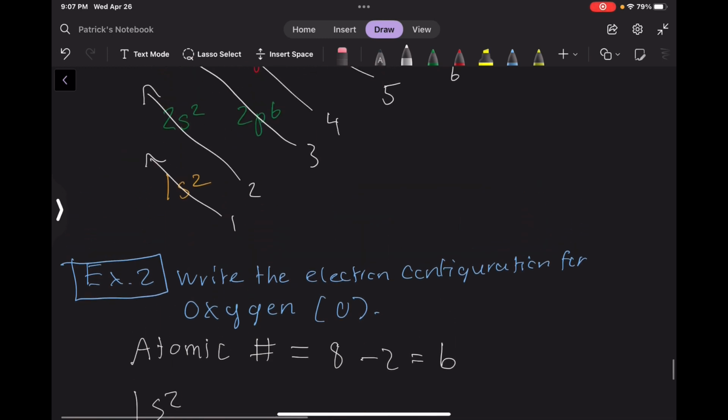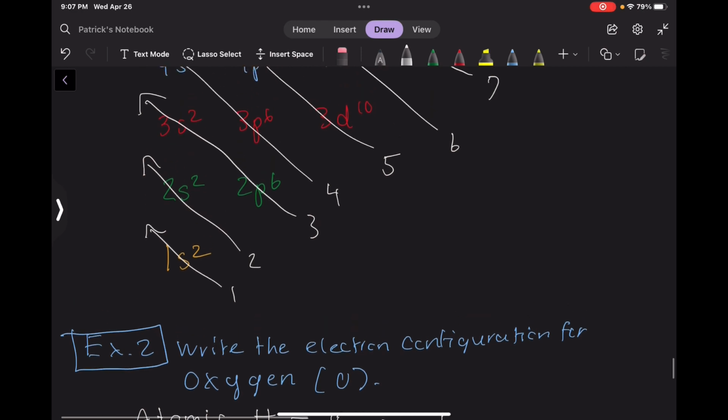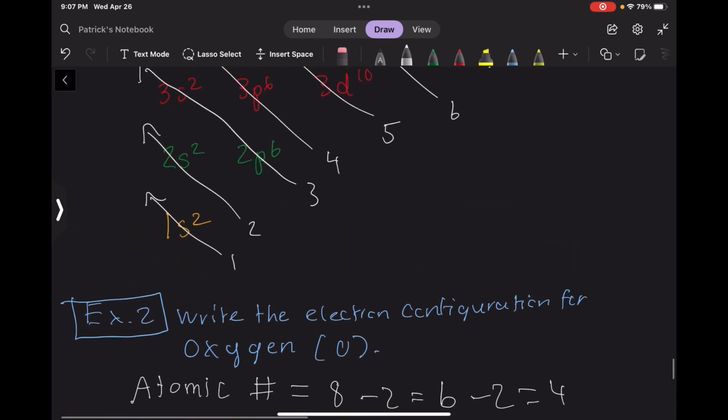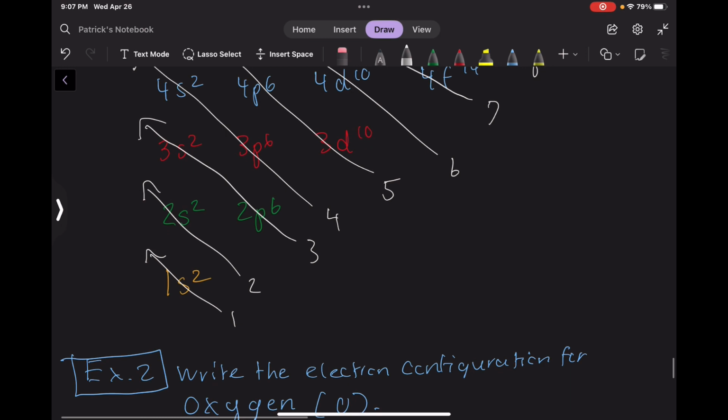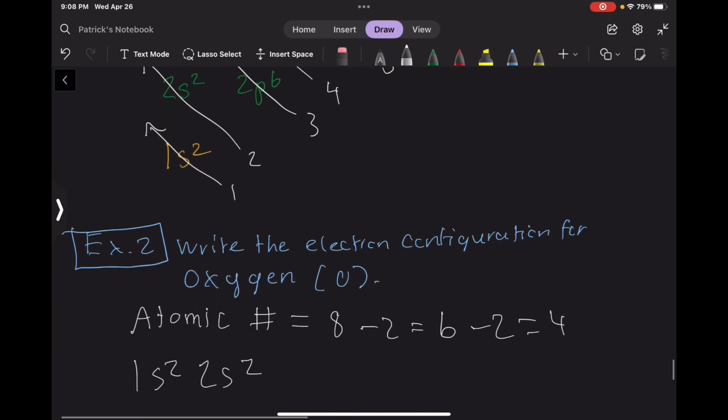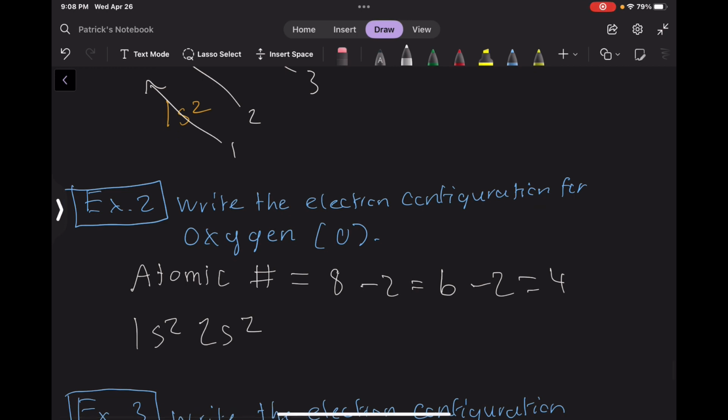Snake number 2 gives us the 2s subshell, which is once again entirely filled with 2 electrons. Only 4 electrons left. Starting from the tail end of snake number 3, we get the 2p subshell. However, because we only have 4 electrons not yet accounted for, the exponent on the 2p is going to be 4 instead of 6.